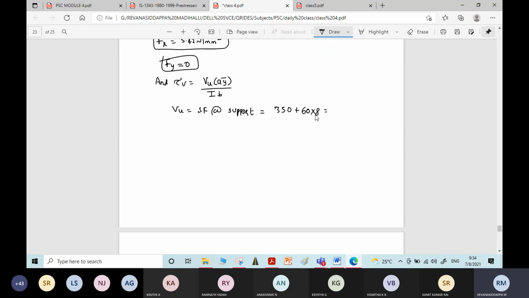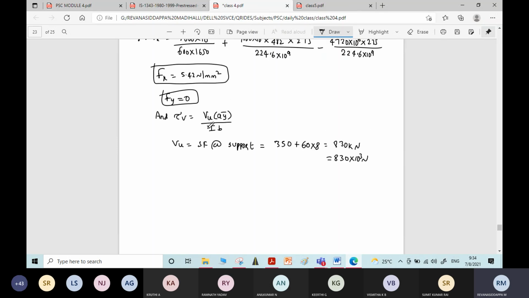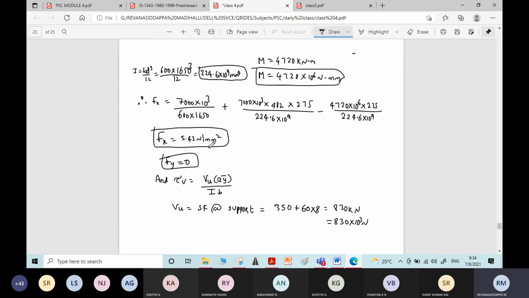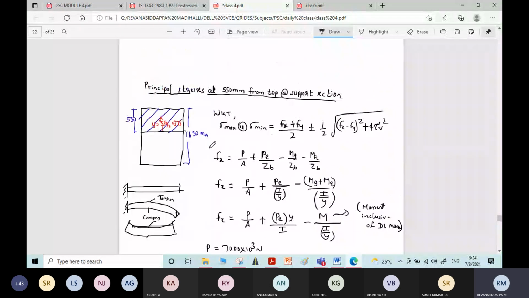Answer. 830, sir. Yes, 830 kilonewton, nothing but 830 into 10 power 3 Newton. Vu we got, and A y bar we have to calculate.